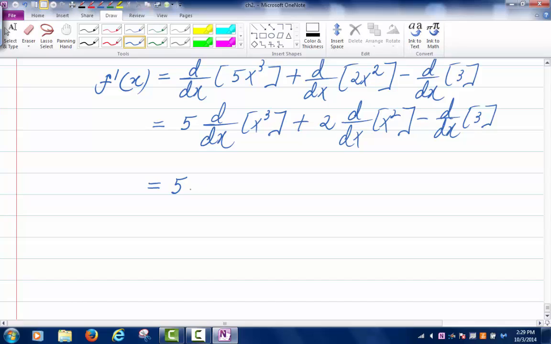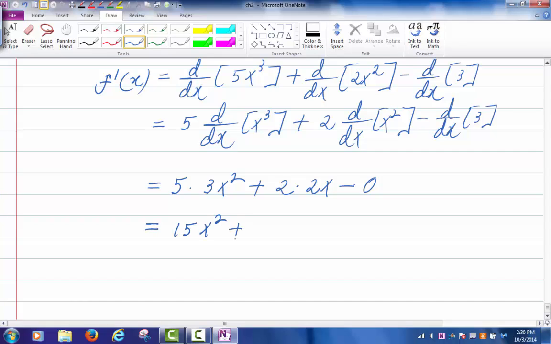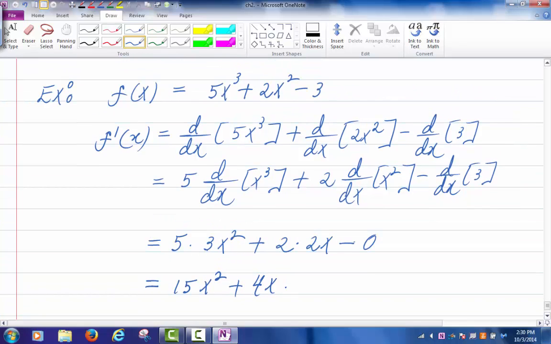By the power rule, the derivative of x cubed is 3x squared, the derivative of x squared is 2x, and the derivative of 3, well, actually that was a negative sign, which doesn't really matter in this case. So at the end we are getting 15x squared plus 4x.